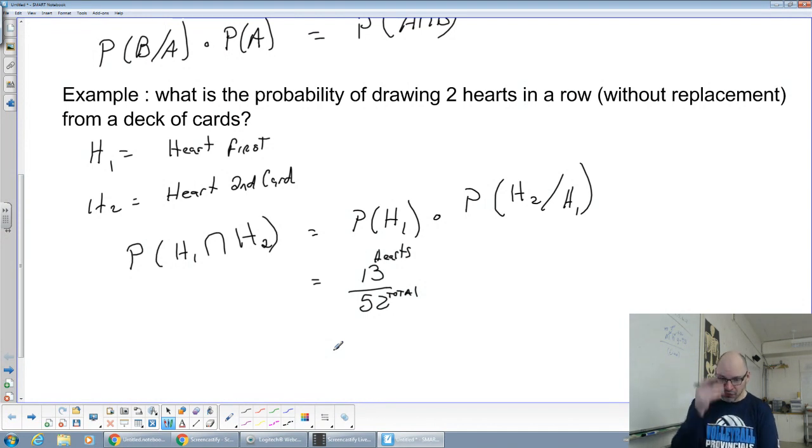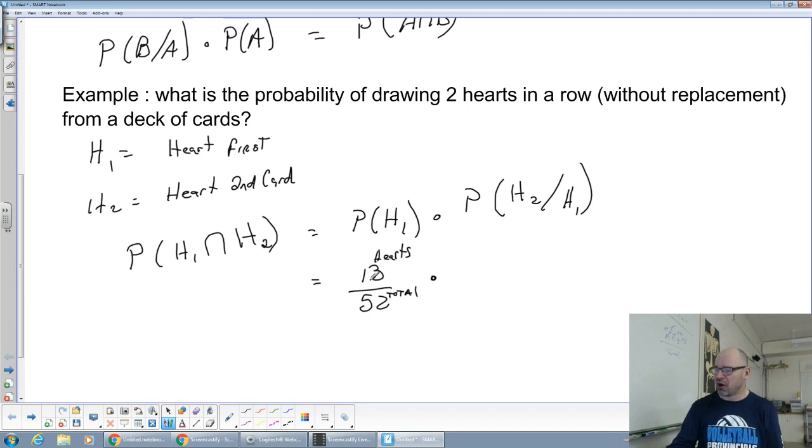Now, that's where it gets a little tricky. Okay, but not too tricky. What is the probability of getting a heart on the second card, given that you've taken one heart out already? That's what this means. You've got one in your hand, so that means you've taken away one heart.